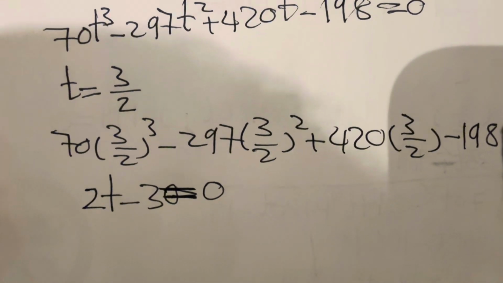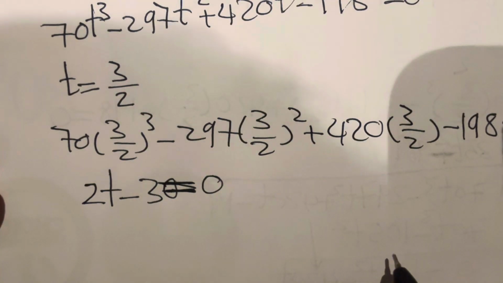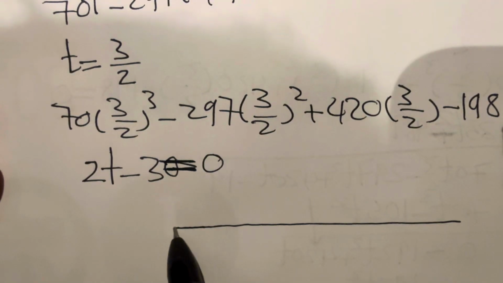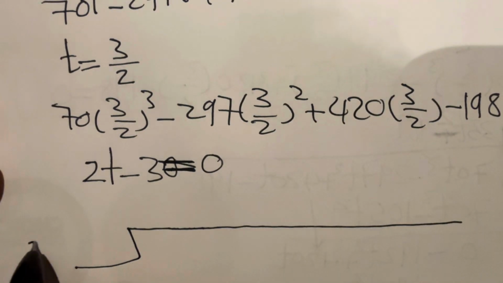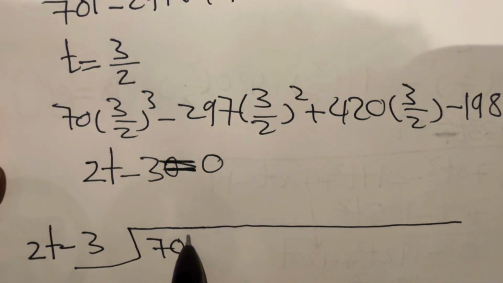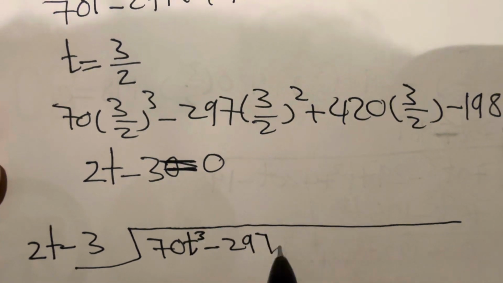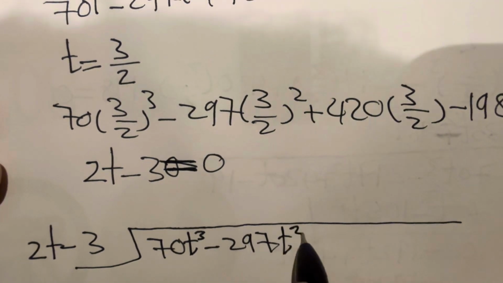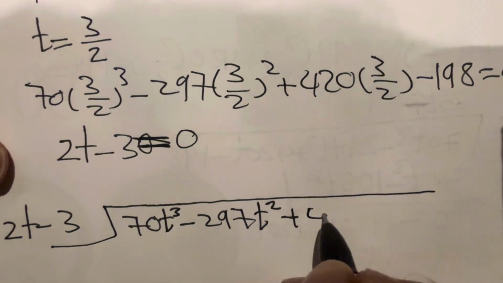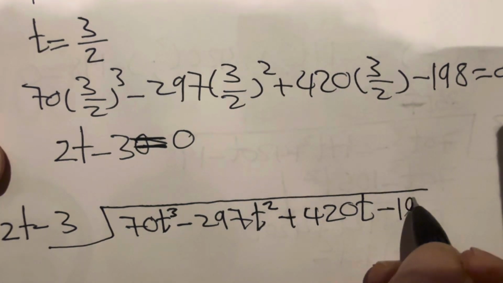So how we can work it out now is to do a synthetic division. How do we do it? Let's try. We have 2t minus 3, and 70t cubed minus 297t squared plus 420t minus 198.